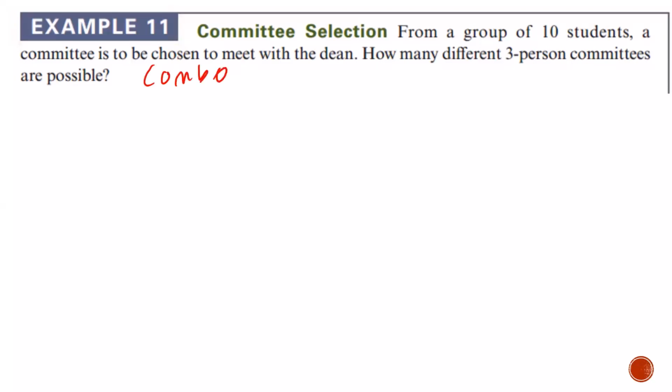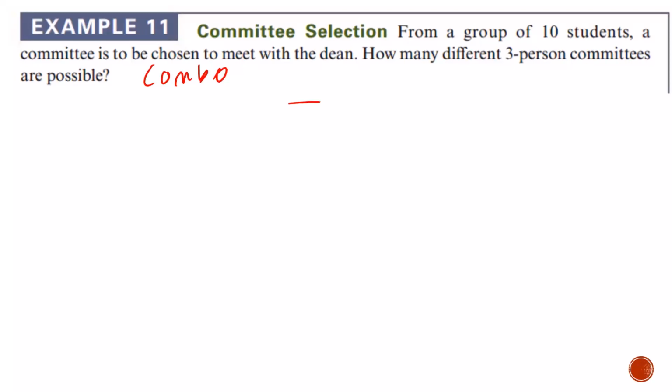One committee, if I chose from this classroom, could be Una, Ulysses, and Andrea. That would not be a different committee from having Andrea, Ulysses, and Una. That's the same committee, so the order doesn't matter.